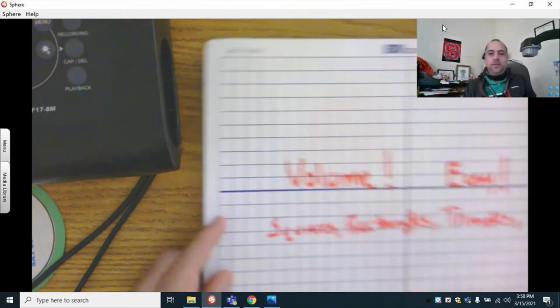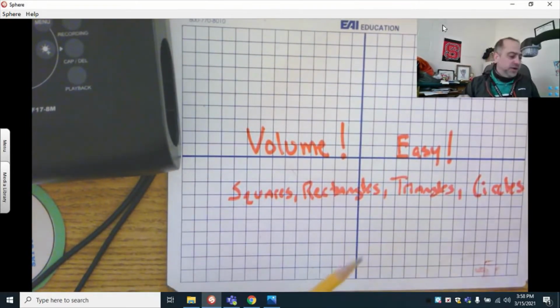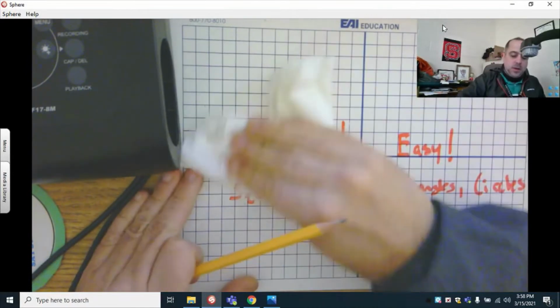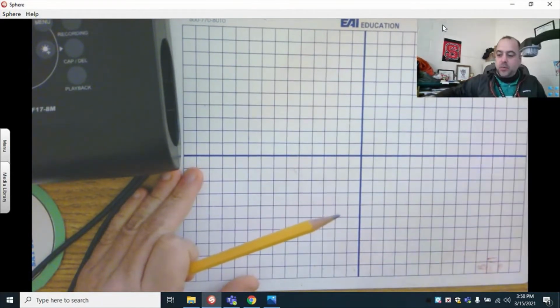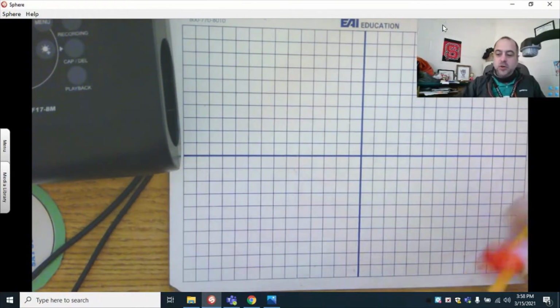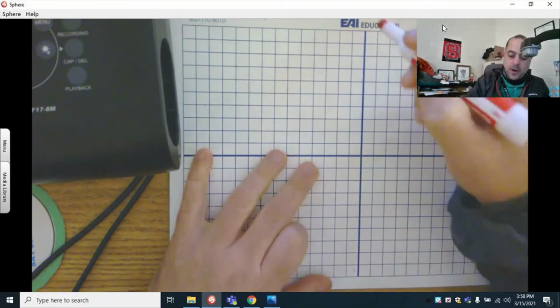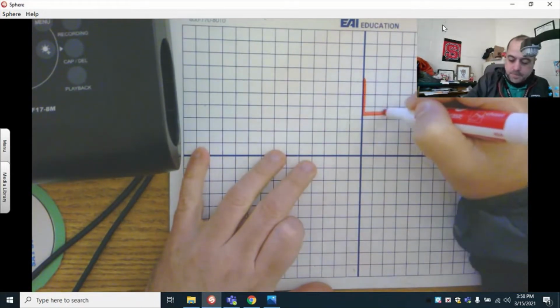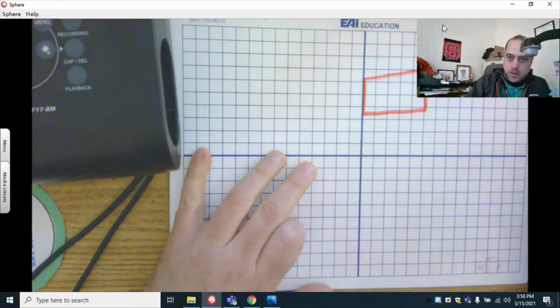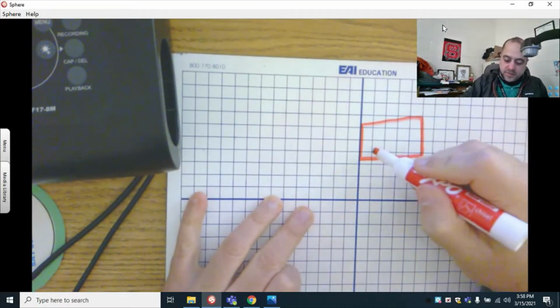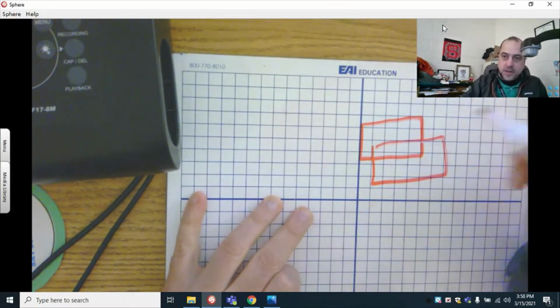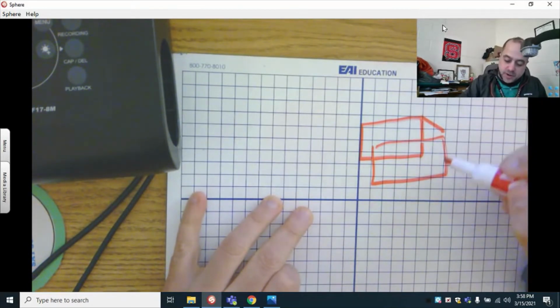Alright, so let's go over some more easy stuff. Alright? So remember what we said. When it's a square or a rectangle, let's do a rectangular prism. I'm doing my best to draw it okay, but you're just going to have to deal with it not being the best drawing.